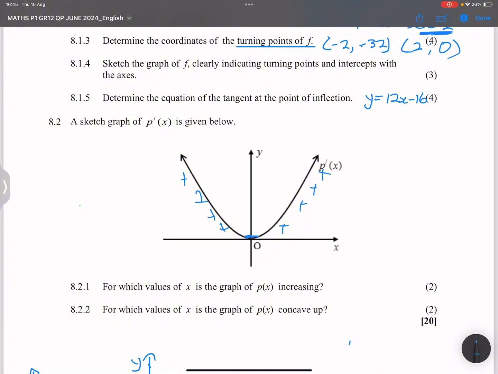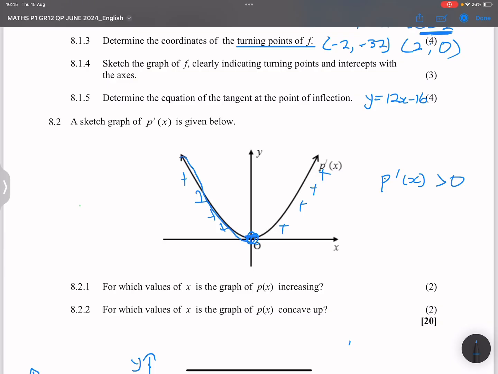Right, so they say for which values of x is the graph of P of x increasing? Now I want you to note in this case, when is a graph an increasing function? When P prime x is greater than 0. So where is this graph that's given of P prime x greater than 0? Well, for x an element of real numbers, it is always positive.